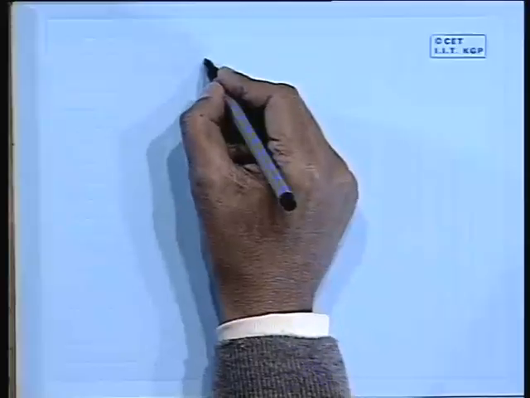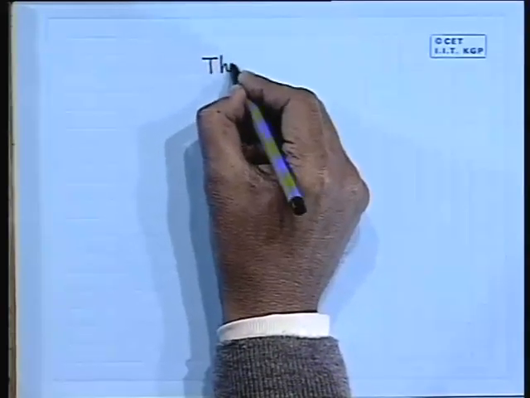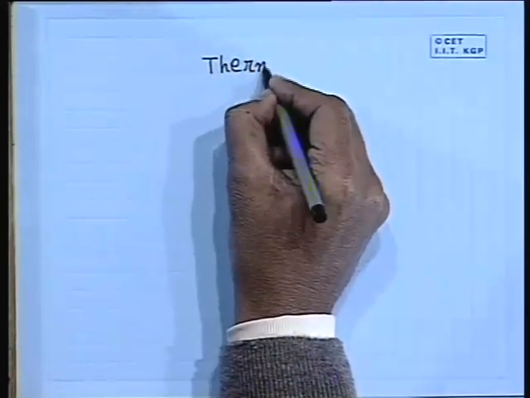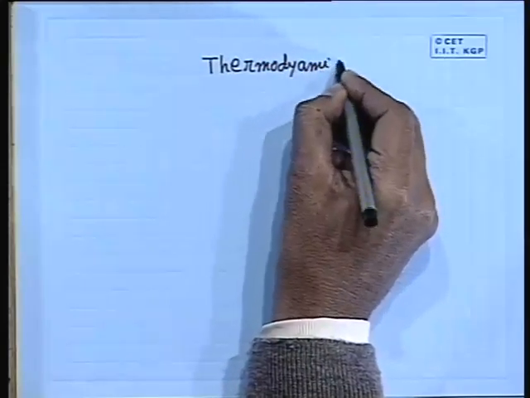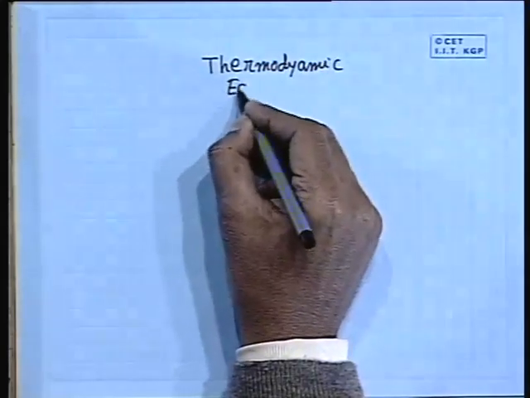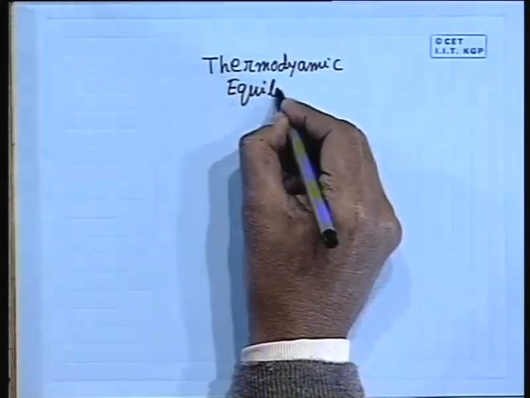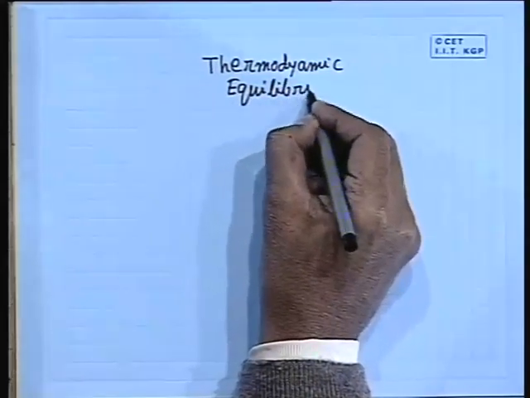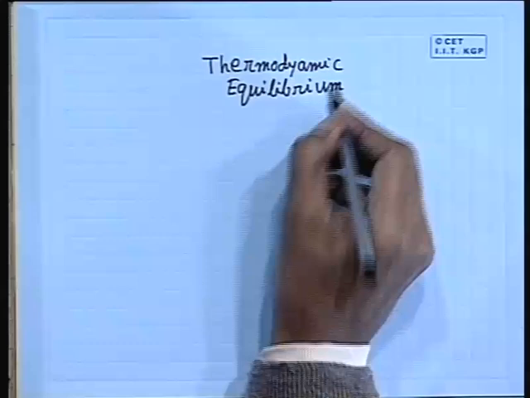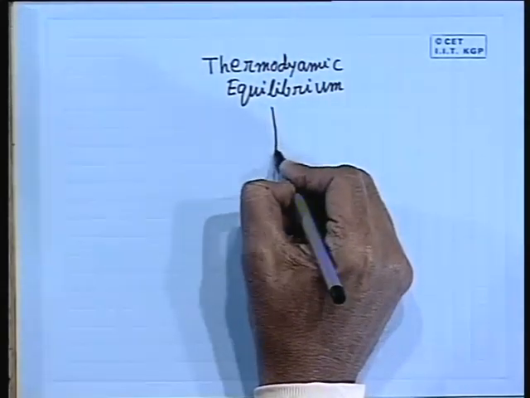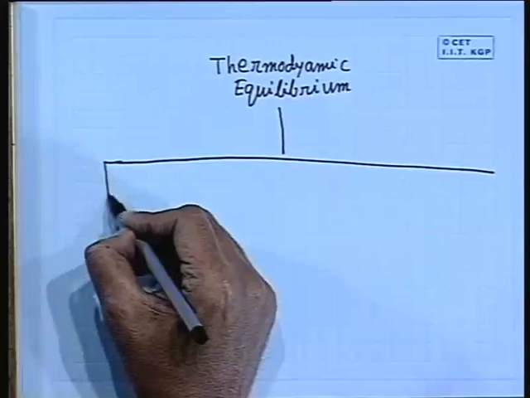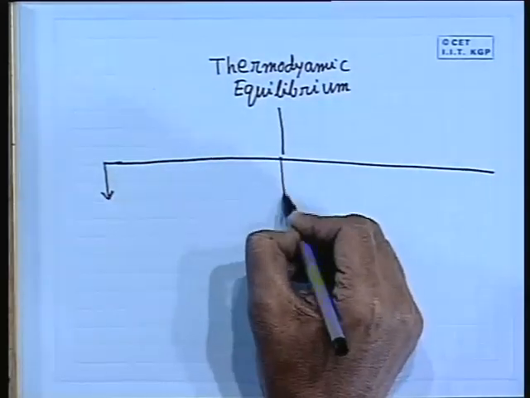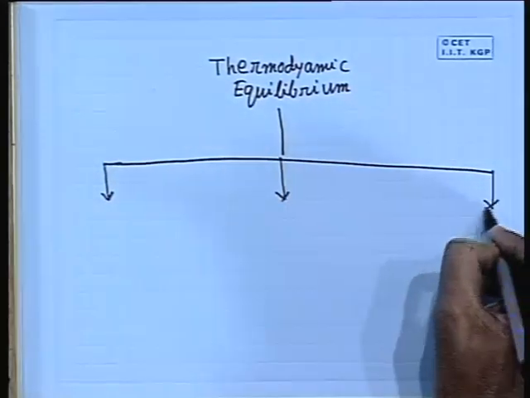If we write thermodynamic equilibrium, it has three types of equilibrium needed.